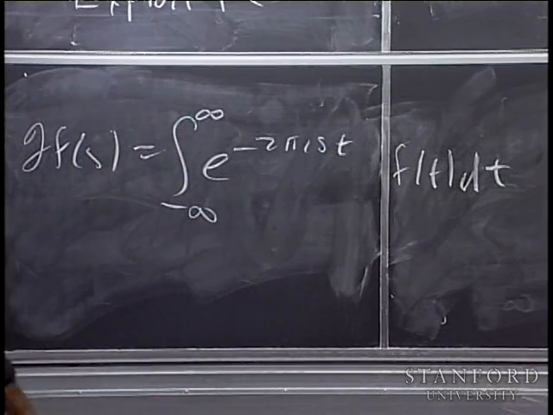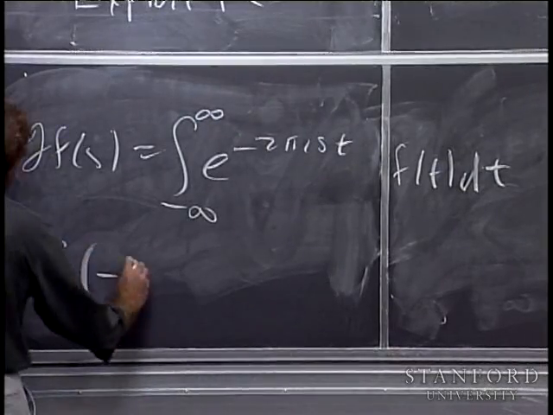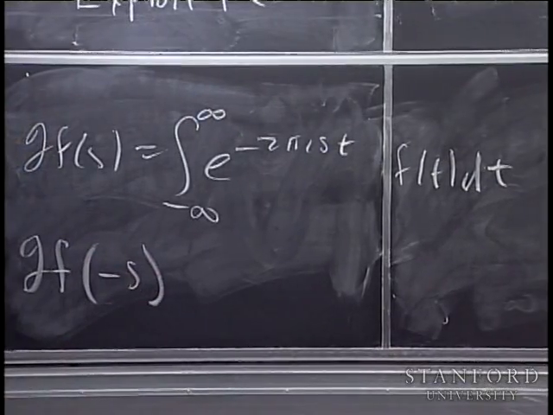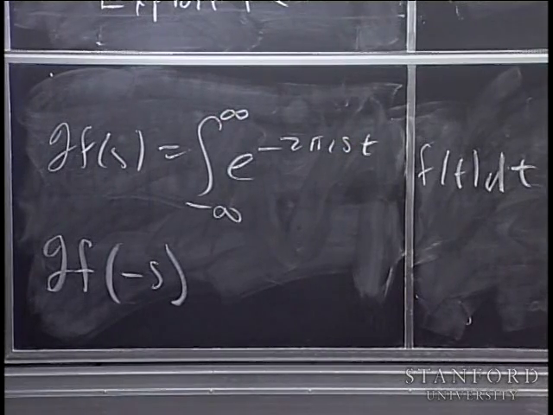What if I plug in minus s into the formula? The Fourier transform of f evaluated at minus s. The Fourier transform is an operation that turns a function into another function. To evaluate it, I have to plug in a point. I plug in the point minus s. What do I get?